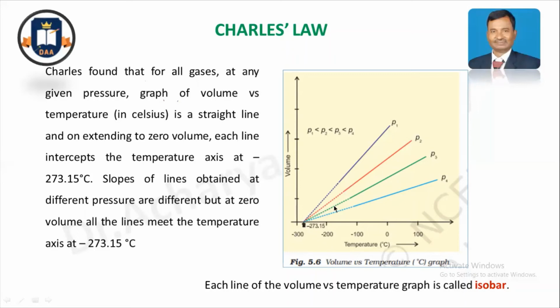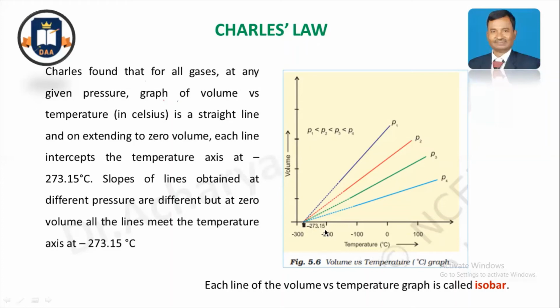It shows that all the straight lines, when extended down, meet at a single point on the x-axis. The x-axis means temperature in degree centigrade, and here the value is minus 273.15.